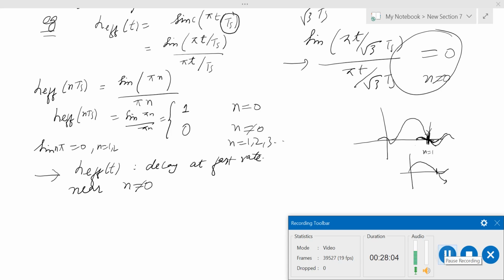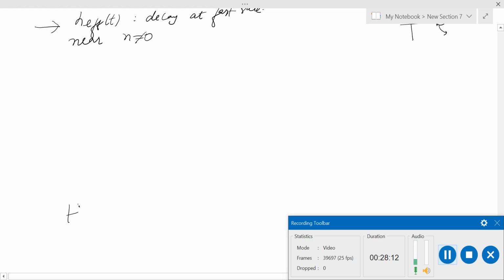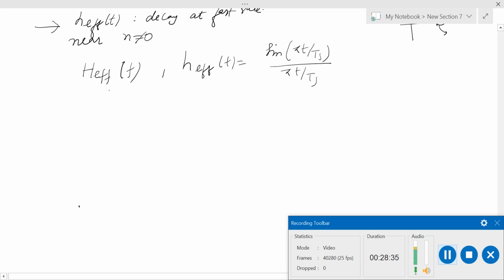And the other important thing is that, to get into that, we first derive the effective transfer function, h effective of f. So what will it be for the case when h effective of t is sinc of pi t by Ts? You know that it will be a rectangular function of f by fs times 1 by fs.